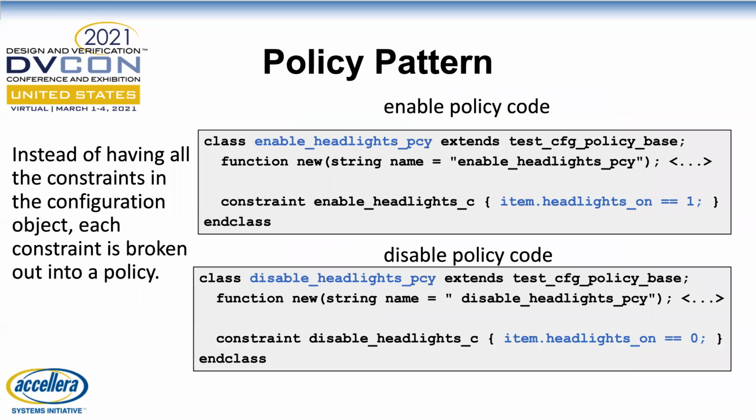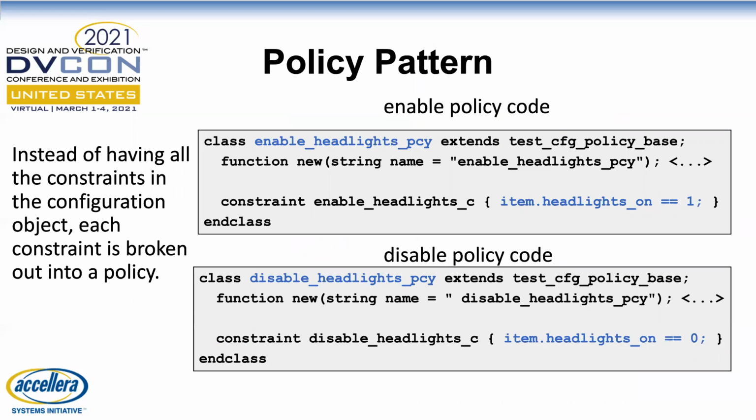Here is a quick example that extends our car analogy. Shown here are two policies, one to turn the headlights on, the other to turn the headlights off. Instead of having all of the constraints in the configuration object, each constraint is broken out into a policy. Note that each policy class is simply a container for a constraint.